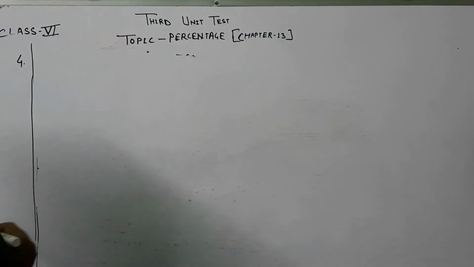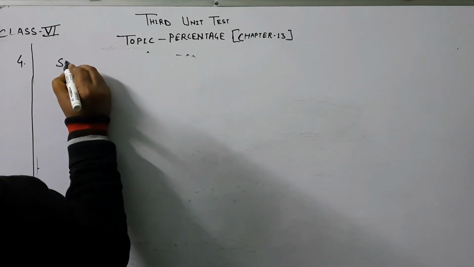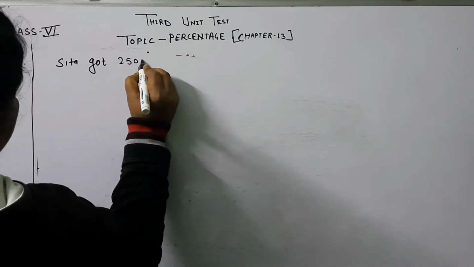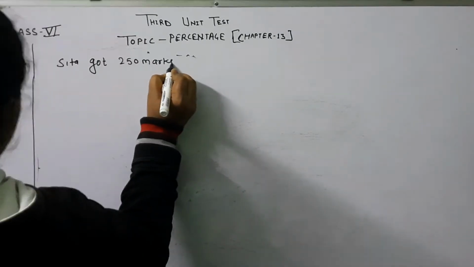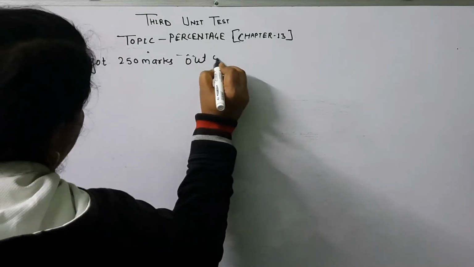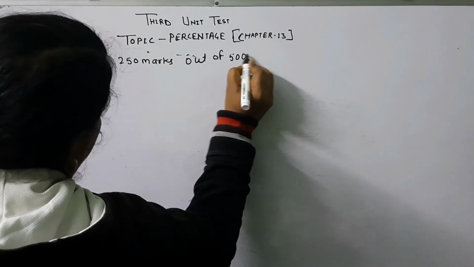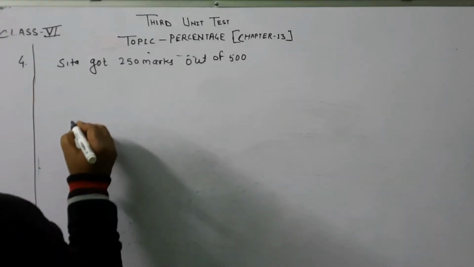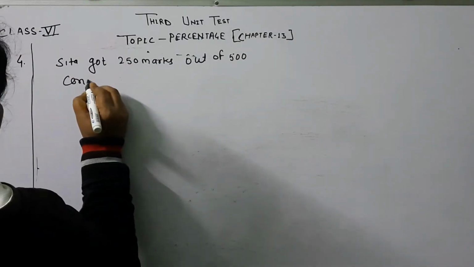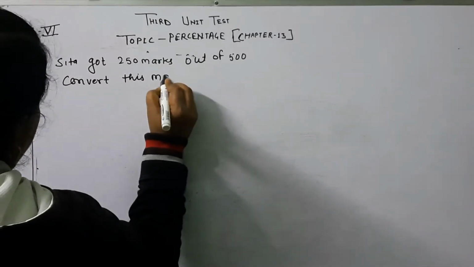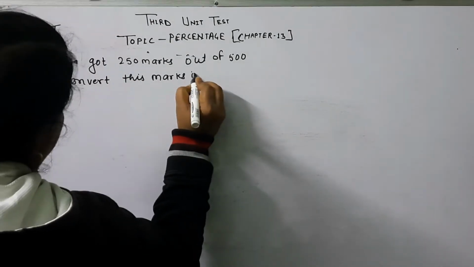Sita got 250 marks out of 500. So you have to convert these marks into the percentage.